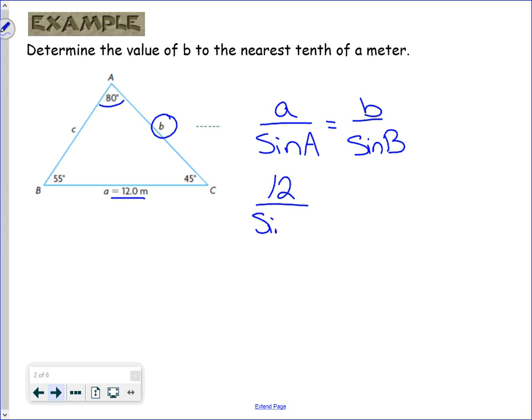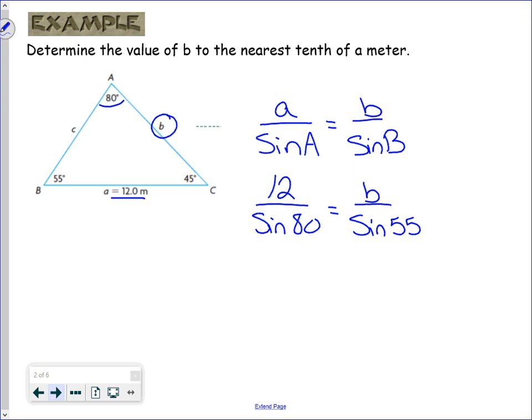So we'll have sine of 80 degrees. We don't know what b is, but we do know that angle B is 55 degrees, so we'll have sine 55. Now that we have the information in our proportion, we need to solve this to figure out what our b value is going to be.